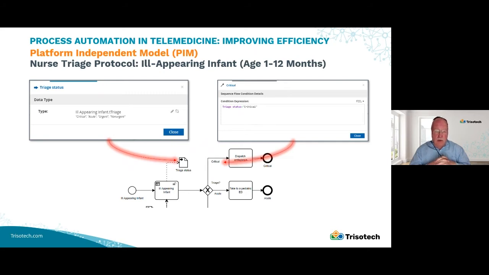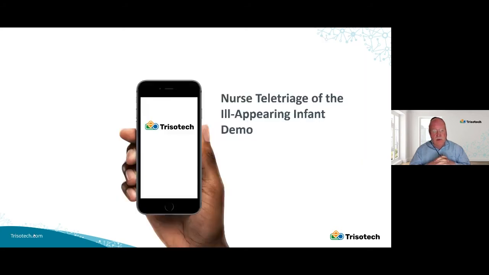One of the glues that holds things together is tying things together, and this illustrates how this happens, where the triage status gives a number of possible choices, and then on the right, at the gateway, the status is used to decide which branch is followed. So this is the logic that is followed by the computer. And I believe that brings us to the demo. Back to you, Denny.